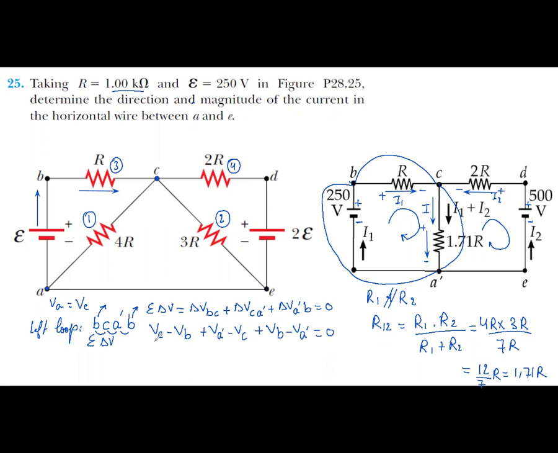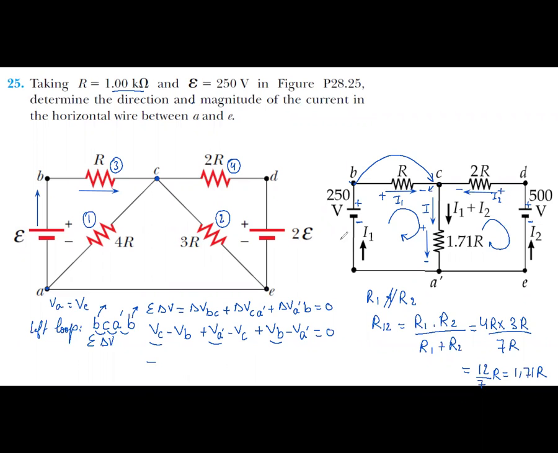We have to look at the sign of the first one, this one, and this one. We start by the point B. We go from the point B to the point C. VC is at the negative side, so we have minus.